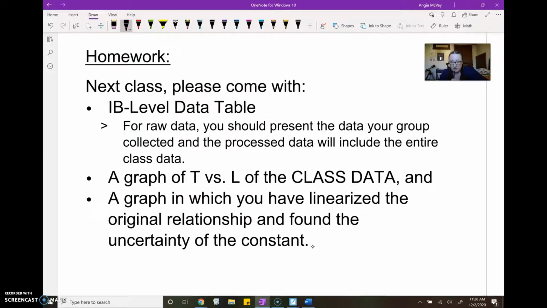Now, one of the things that is really important when collecting data for a lab and designing an investigation when measuring period, the time for one full back and forth motion, one full oscillation, is that you need to design your experiment such that it minimizes uncertainty.